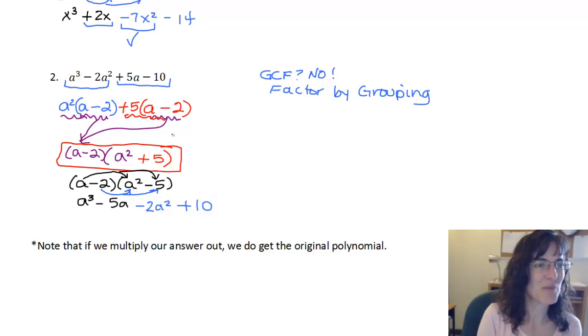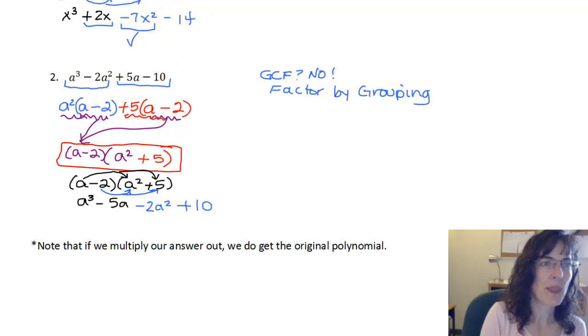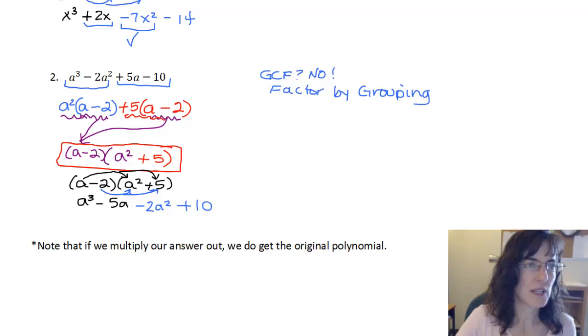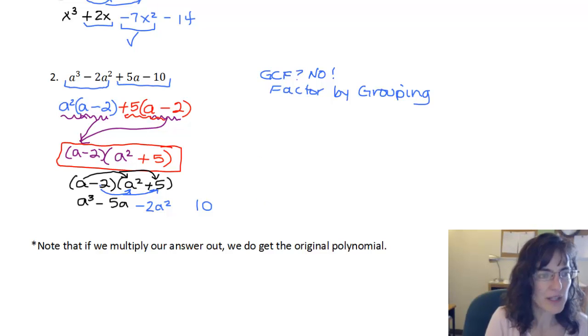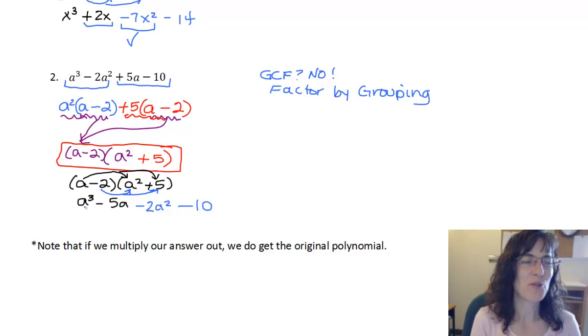And it looks like I wrote my problem to check incorrectly. This should have been a plus. And then when I do that as a plus, we'll recalculate that. Negative 2 times positive 5 will give me a negative 10, which looks a little better.